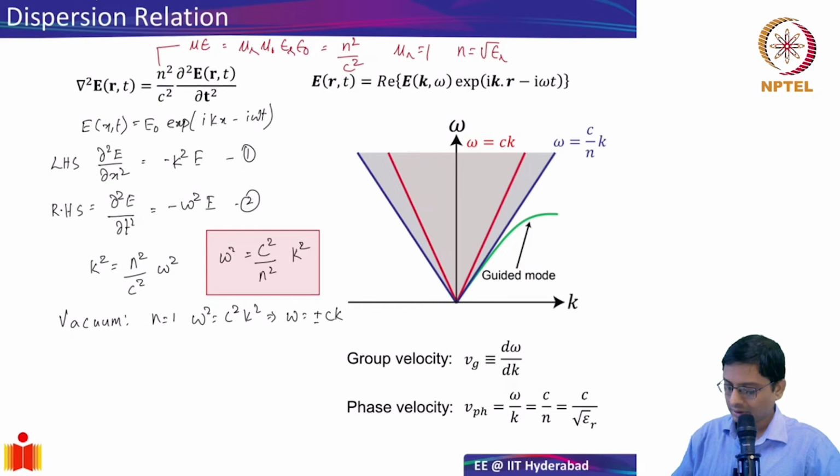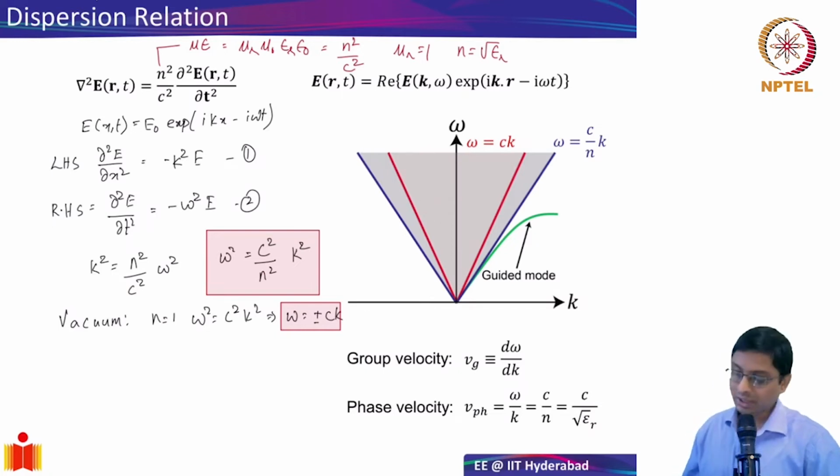So this tells us that the dispersion is linear for an electromagnetic wave. And I can plot it the way I have shown here. If I have k on the x-axis and omega on the y-axis, the relation is linear. The slope is essentially the speed of the wave, and both negative and positive cases are allowed. So you have this sort of a cone. In 3 dimensions, it will be a cone. In 1 dimension, it's going to be the space between these two lines, omega equal to plus or minus ck.